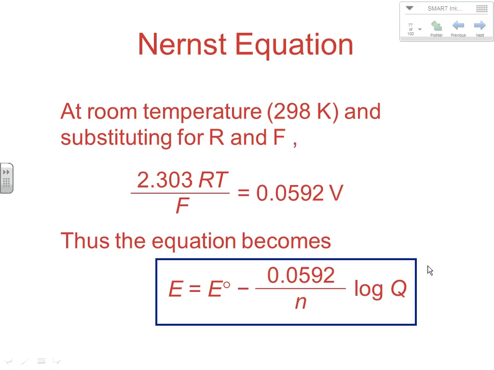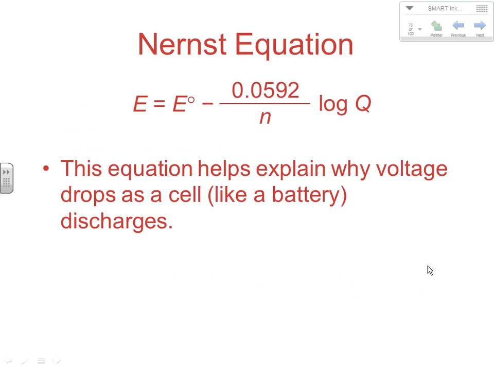We know that under standard conditions, it's our E naught. We can find that using our half cell potentials, cathode minus anode. So this value is something we can easily calculate if we know what the reaction is. And from there, we can get our n. And using the concentrations given, we can get our Q, and we can calculate what our new cell potential is.